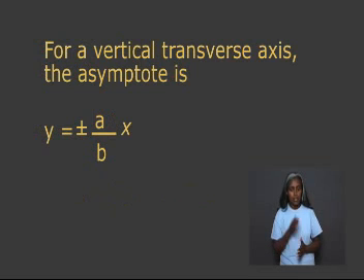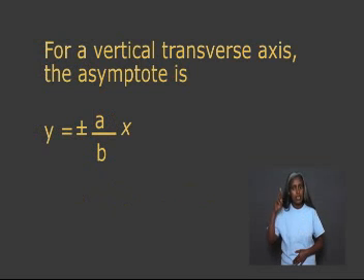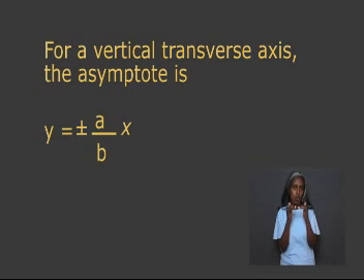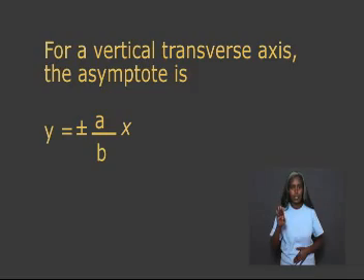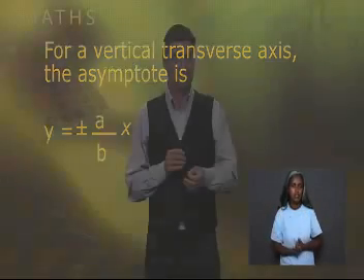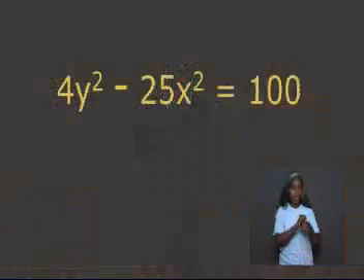If this hyperbola had a vertical transverse axis, the equation would be y equals plus or minus a over b times x. Let us try another activity, students.